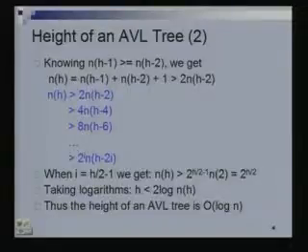N of h is that quantity. This is just a function. Do not confuse this n with the number of nodes. You can replace this n with something else. So then what is n?